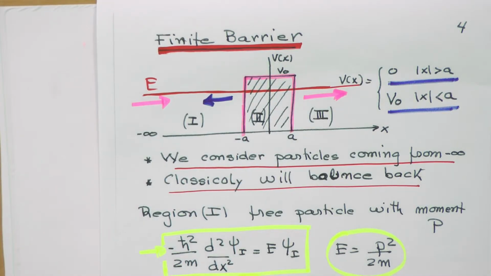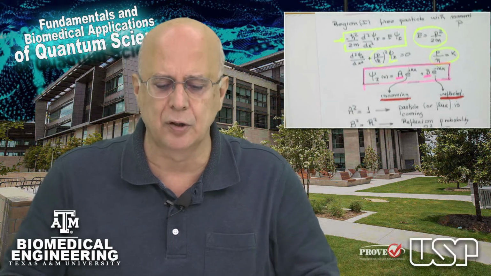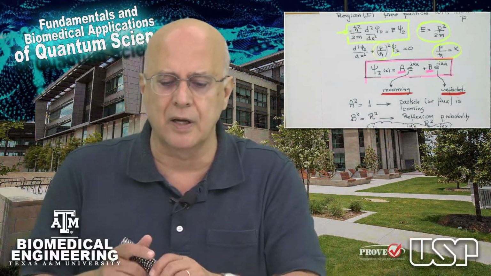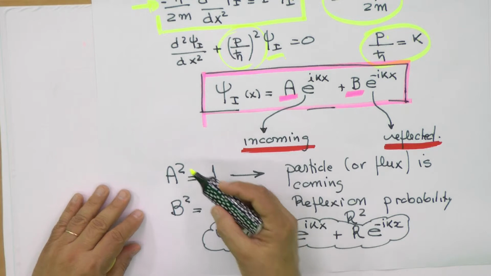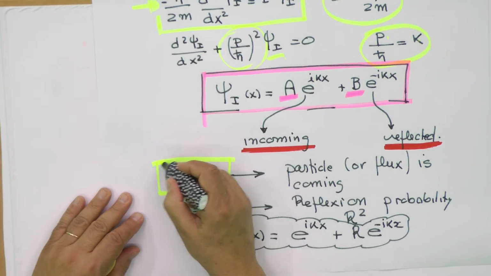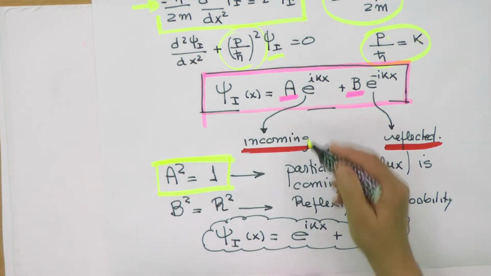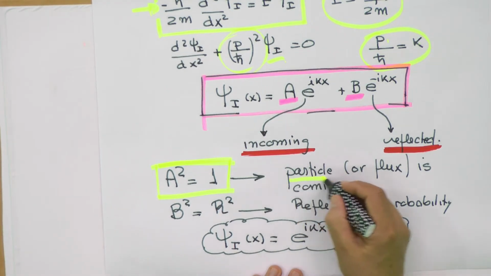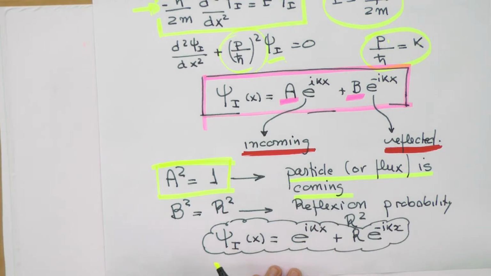You're going to say it's 100%. Because you guarantee to me that you made them somewhere and you shoot them at the barrier. So A squared must be 1. So we have A as 1 because we want to guarantee that the particles are coming and reaching the barrier.